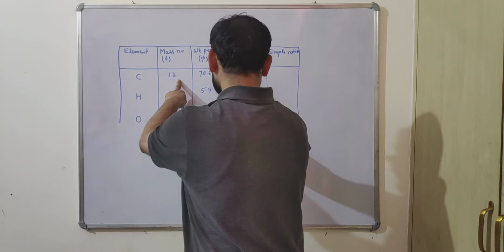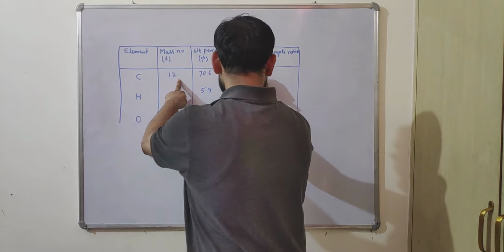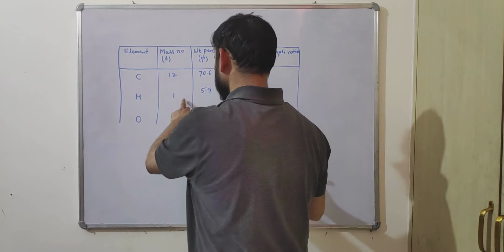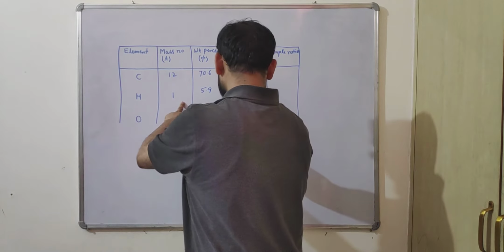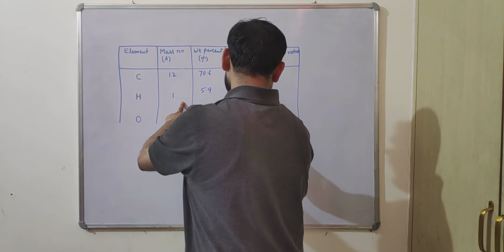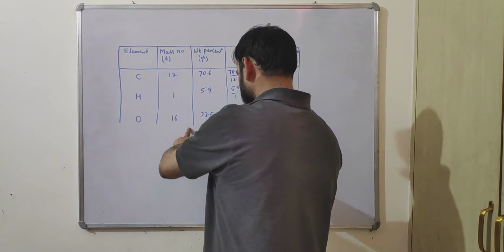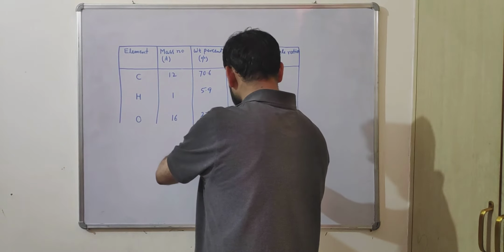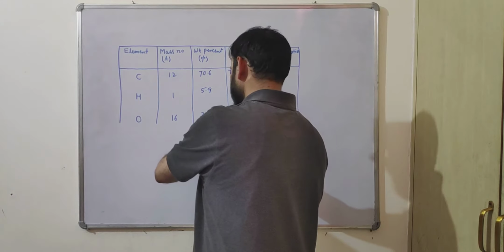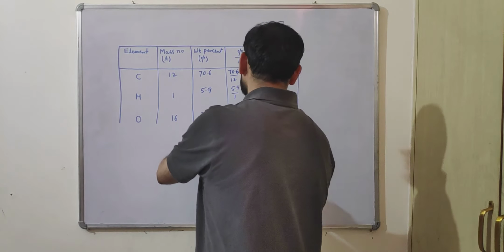So in the fourth column, 70.6 divided by 12 is equal to 5.9. 5.9 divided by 1 is equal to 5.9, and for oxygen 23.5 divided by 16 is equal to 1.5.